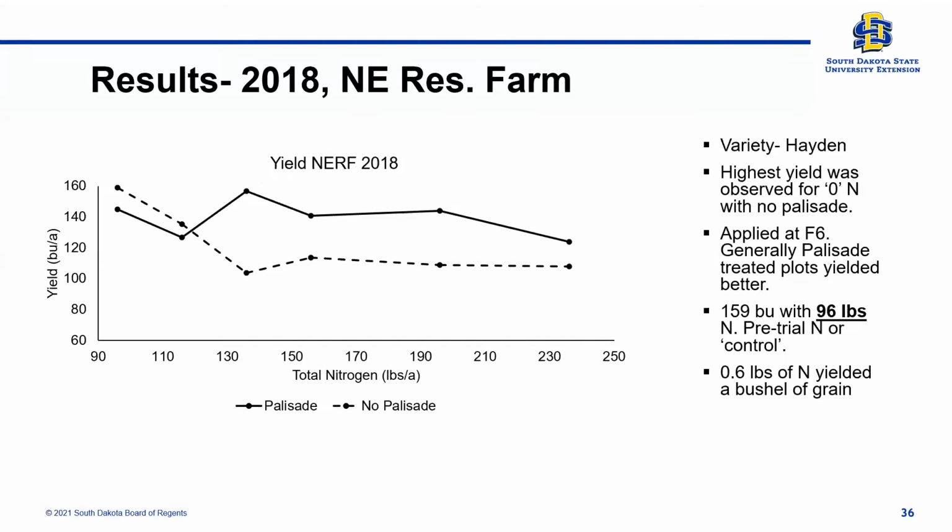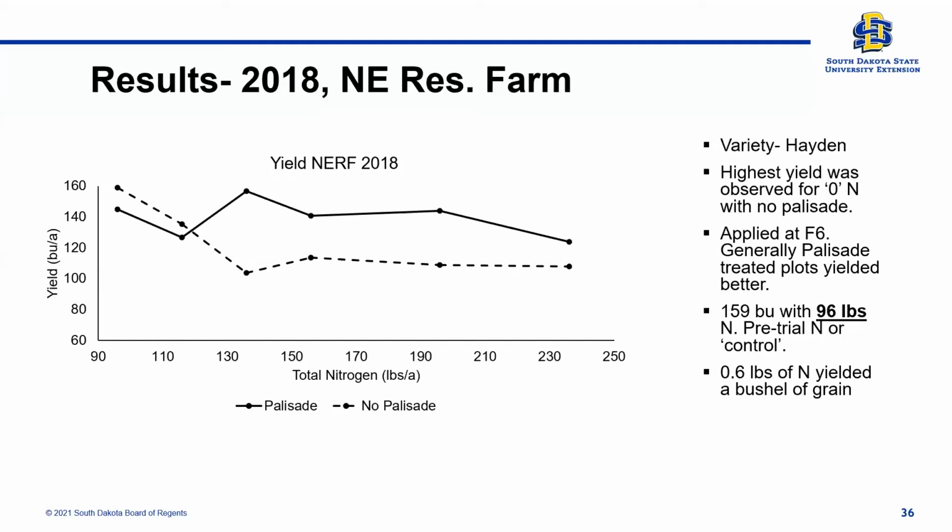So we moved into 2018 with a little more resources, but I'm just showing you the graph for the Northeast Farm because of the lack of time here today. We used the Hayden variety, and we saw the highest yield on the control plot. We didn't apply any N on that plot. PGR was applied at Feekes 6, which is first node stage, and Palisade treated plots yielded generally better.